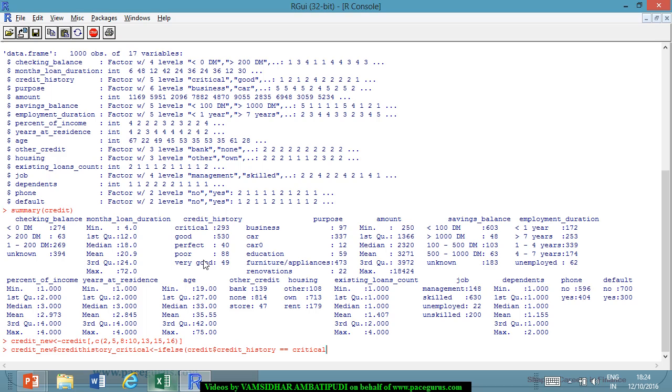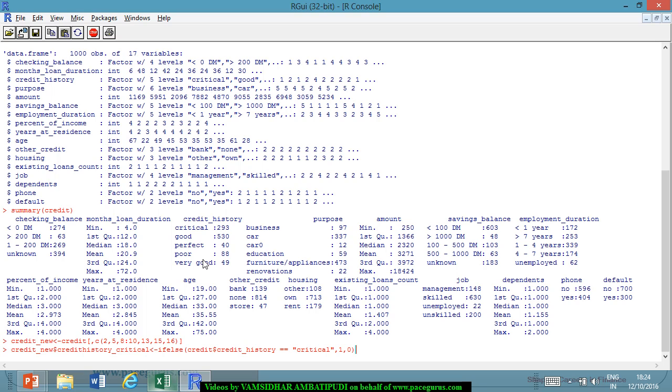Right, when credit_history is equal to critical, I will set it as 1, otherwise I'll set it as 0. So that's how I'm creating the credit_new$credit_history_critical variable.